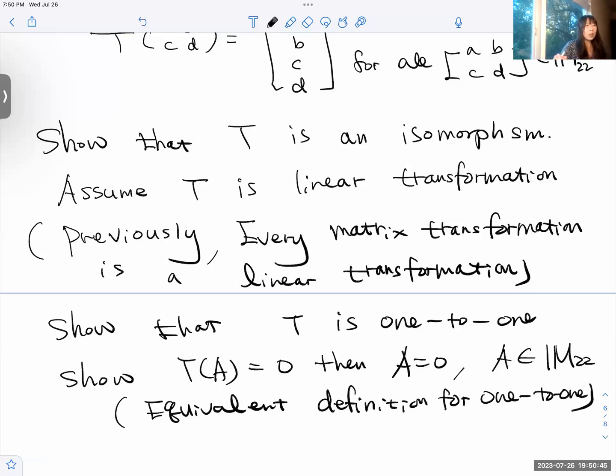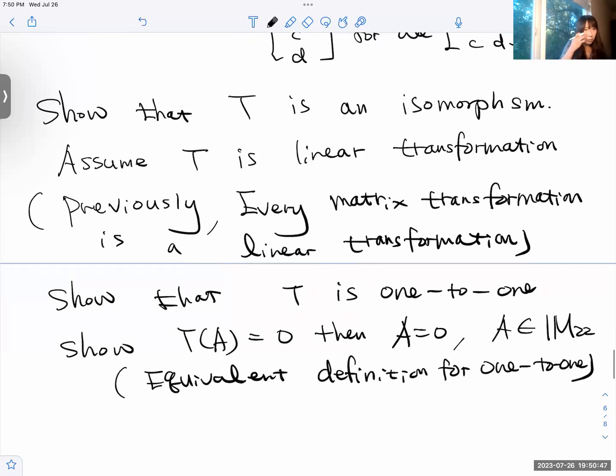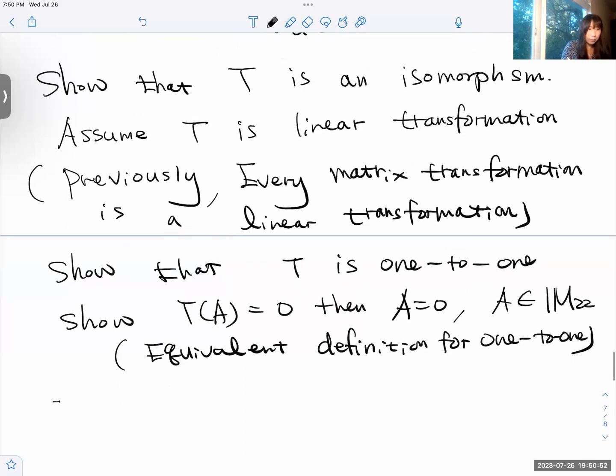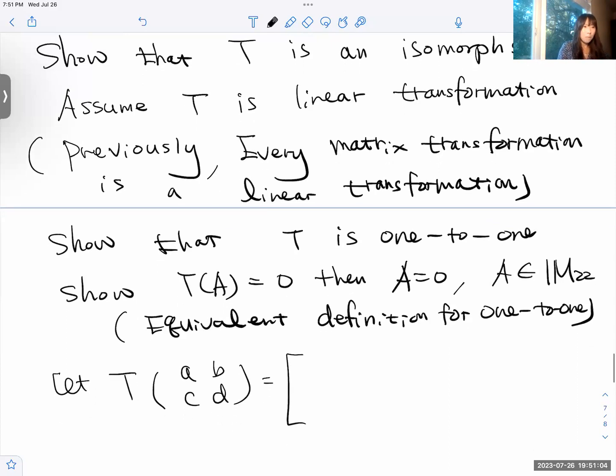Okay, now let T of (a, b, c, d) equal to (a, b, c, d).